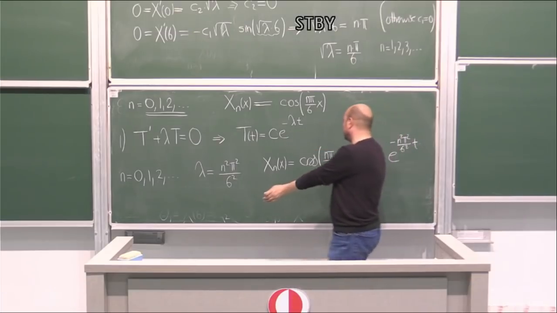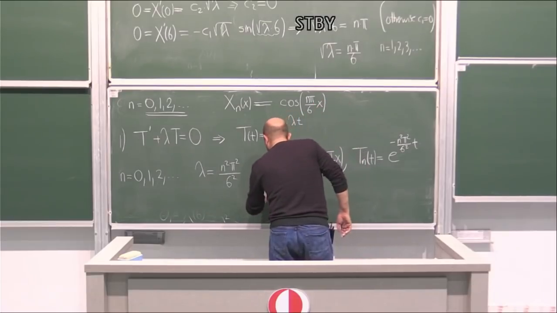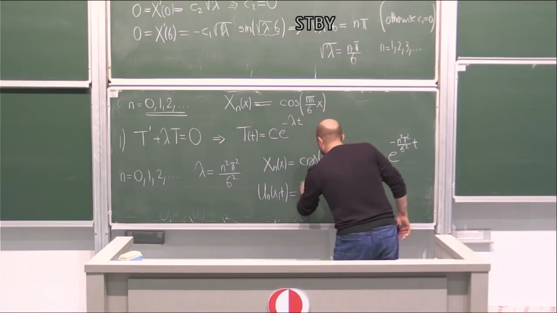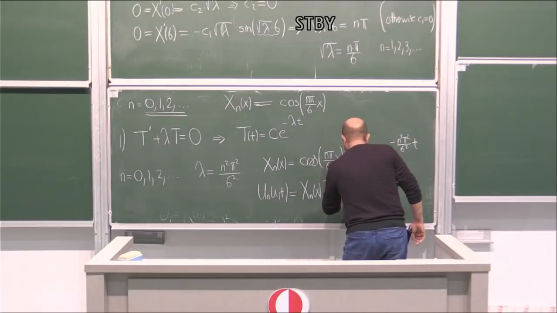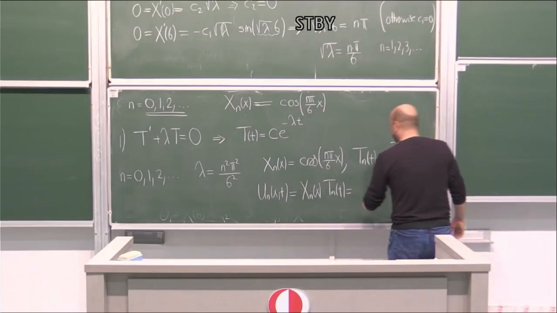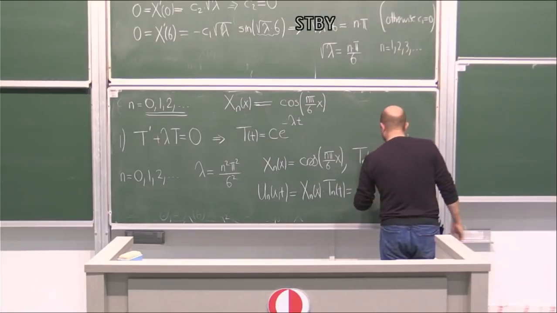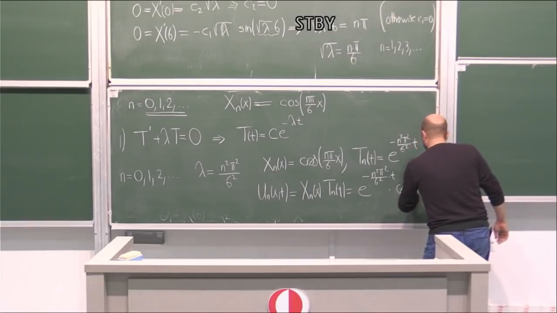Now you can multiply them, X_n and T_n, so then you get u_n, which is X_n of x times T_n of t, so e to the minus n square pi square over 6 square t times cosine n pi over 6 x.